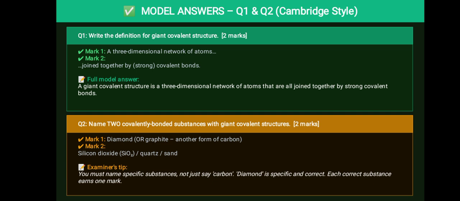You just have to write its complete name, that is diamond, because diamond has a giant covalent structure. Diamond is correct, while if you are just talking about carbon, graphite is also correct. It's another form of carbon with a giant structure. Silicon dioxide, quartz and sand are all correct for the second mark.